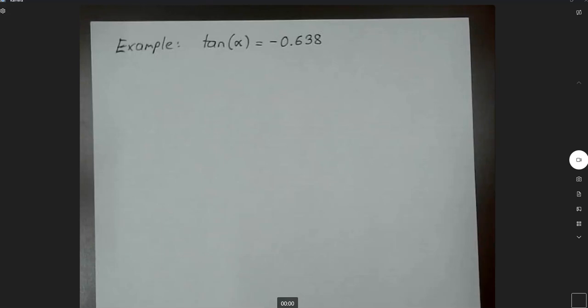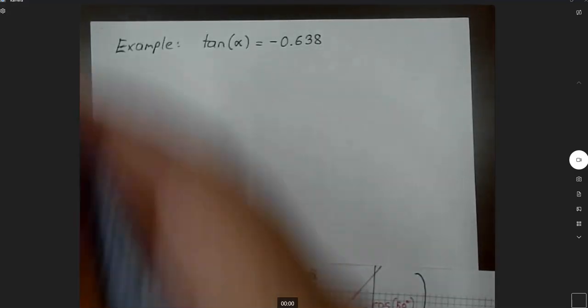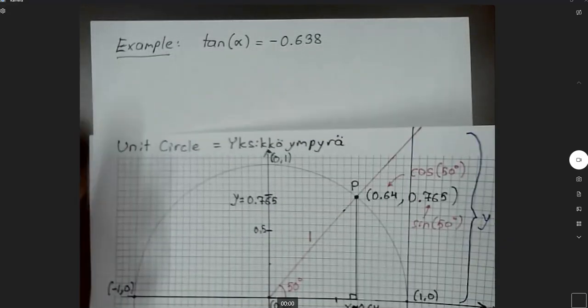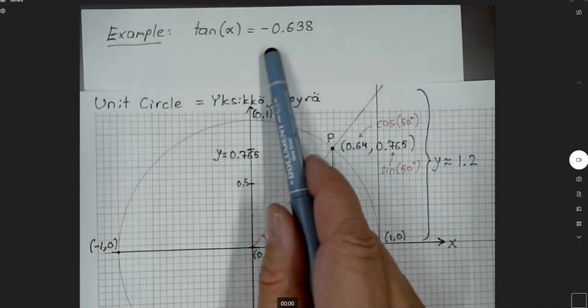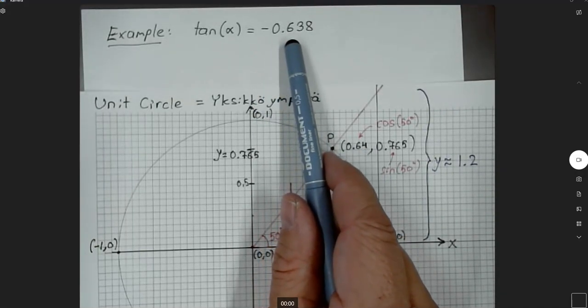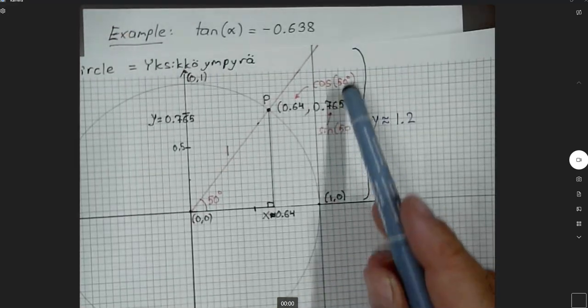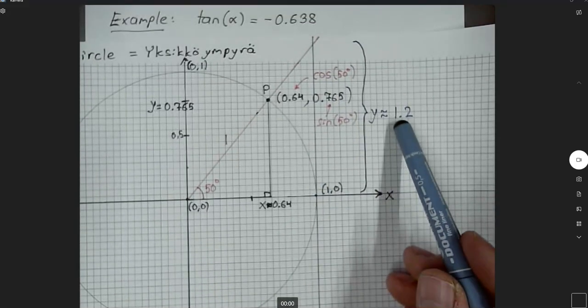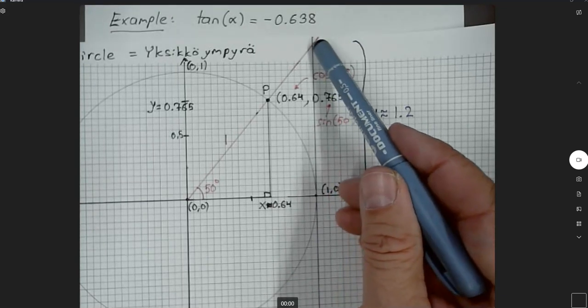Let's again take that unit circle. I will draw a new picture, but let's see first this picture there. What does it mean that tangent gets the value of minus 0.6? We saw that here we had this tangent line, and 1.2 or plus 1.2 will be the height of this point there.